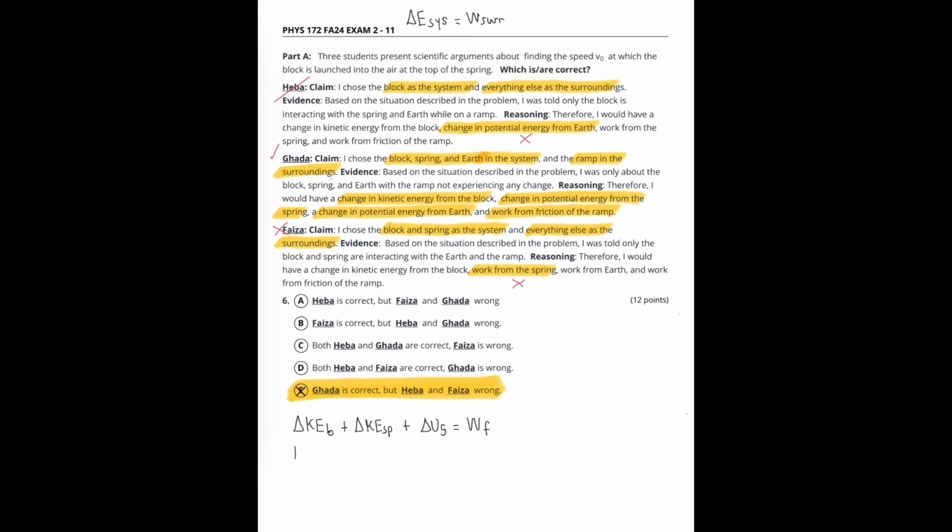So we have 1/2 m v naught squared minus 1/2 times the spring constant ks times displacement s squared minus mg delta y, the vertical displacement, is equal to mu k times the normal force Fn, which is mg cosine theta, times distance s. And that is what we used in the previous part to derive V naught.